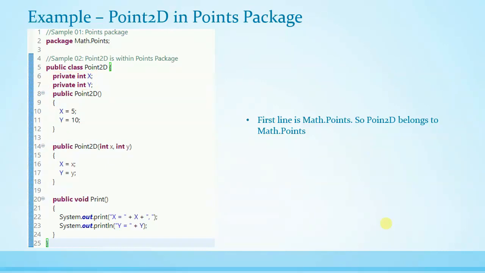One is a default constructor which initializes x and y as 5 and 10. The overloaded constructor receives two parameters so that we can initialize these members from user provided values. Then there is a method called print which prints the coordinate values x and y. To recap, first we placed the package keyword, then we gave the package name math.points, then we defined our class point2d. So now point2d belongs to the points package.